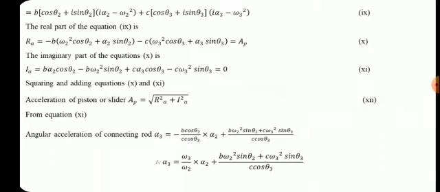Nothing but α3 is the angular acceleration of the connecting rod. α3 is equal to ω3 by ω2 into b cos θ2 over c cos θ3, with b ω2 square sin θ2, c ω3 sin θ3. So α3 can be calculated from equation number 11.